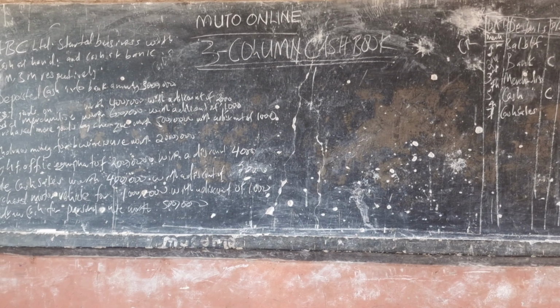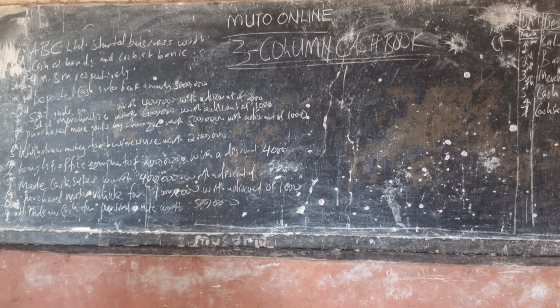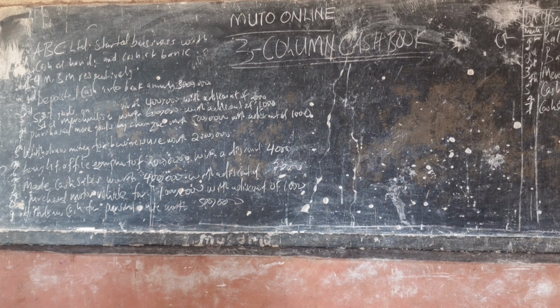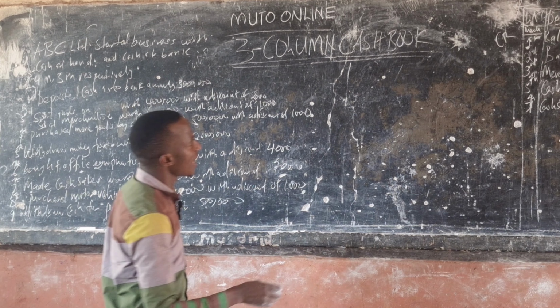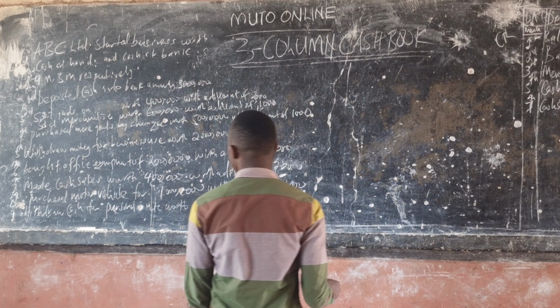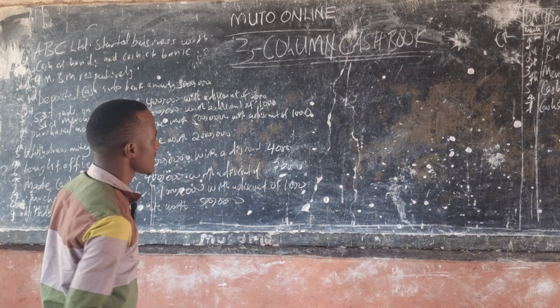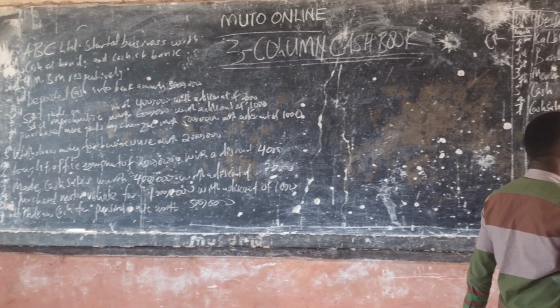Then, the next transaction, purchased a motor vehicle for 1 million with a discount of 1,000. These are purchases, but the purchase was made to a fixed asset.